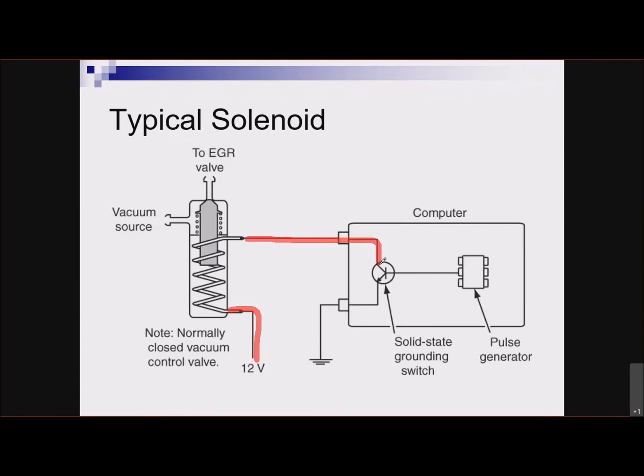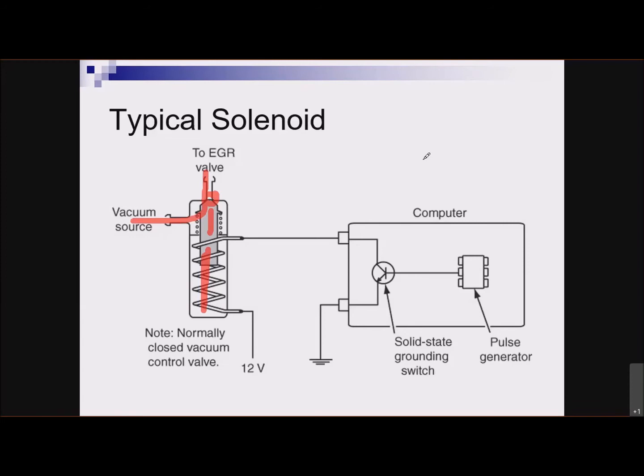The computer can connect this circuit to ground through this transistor. So this coil is energized, current flows through it, and this movable core is going to wind up down in here. Because of that, this port right here will be open and vacuum will be able to flow through. So that's a really simple vacuum solenoid.